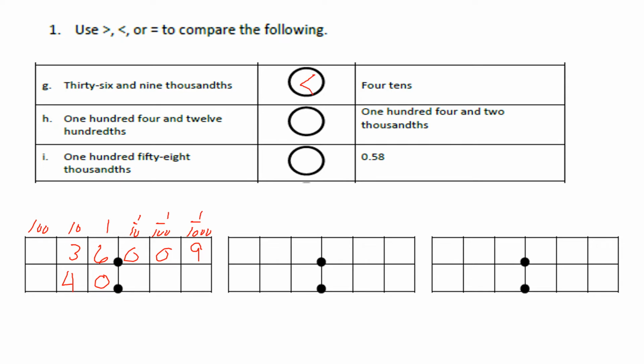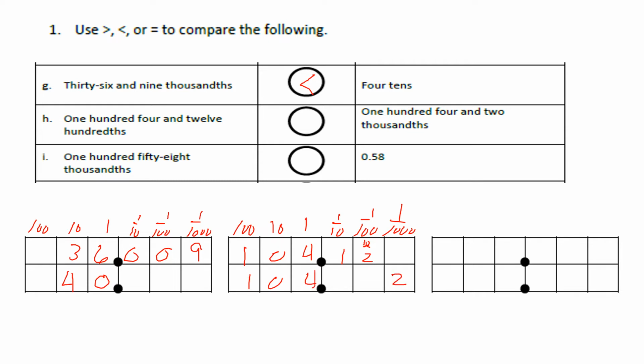H, 1 10 100, 1 tenth, 1 hundredth, 1 thousandth. And it says 104 and 12 hundredths. So it'd be 12 hundredths, which I know I have to split out. The next one says 104 and 2 thousandths.